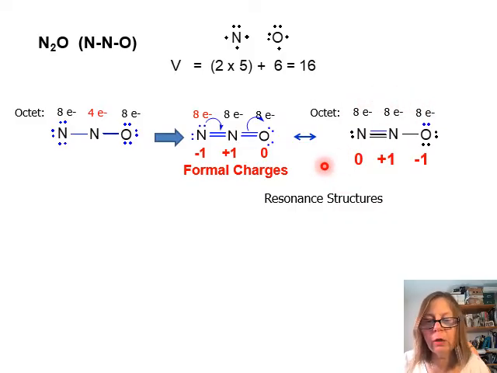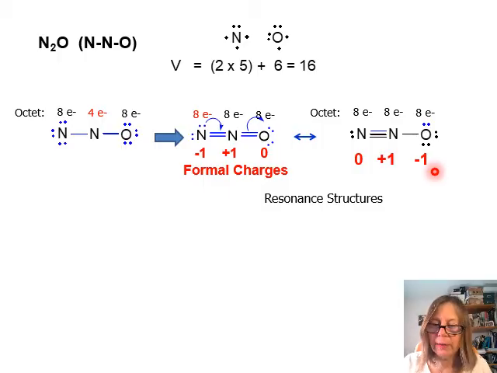But now if we look at the formal charges, the nitrogen here has 1, 2, 3, 4, 5 electrons, so it is neutral, 0. The nitrogen in the middle has 1, 2, 3, 4, so it's still +1. And the oxygen here now has 1, 2, 3, 4, 5, 6, 7. It has 1 extra electron, so it is -1.